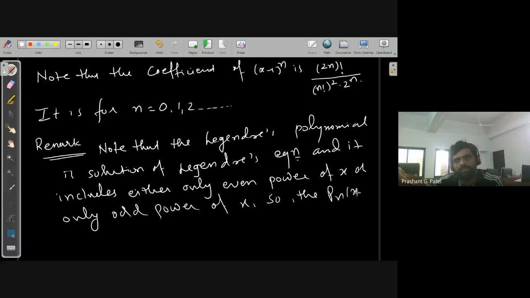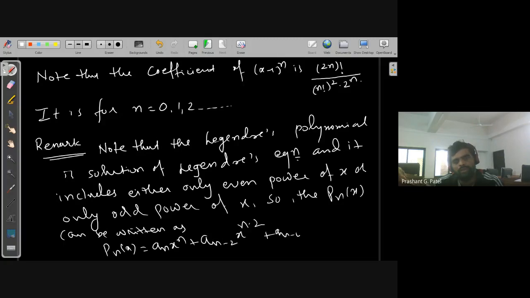Pn of x can be written this way: Pn of x is equal to an x raised to n, an minus 2 x raised to n minus 2, an minus 4 x raised to n minus 4, up to so on.